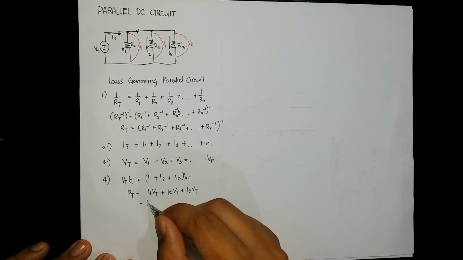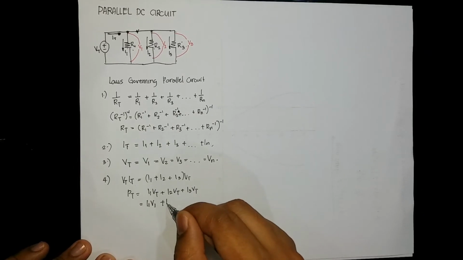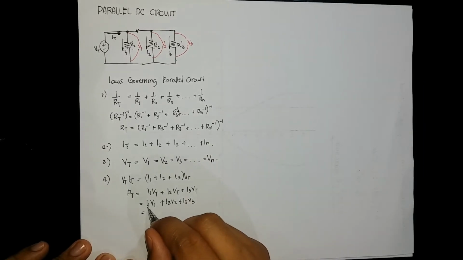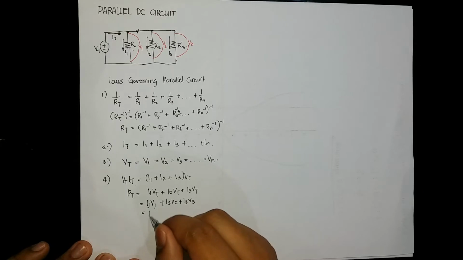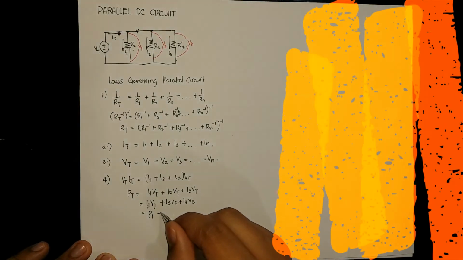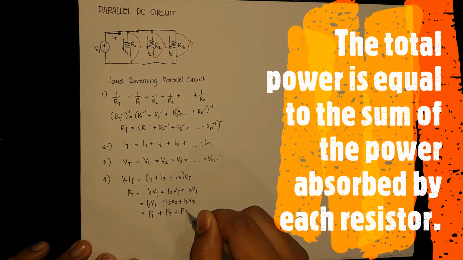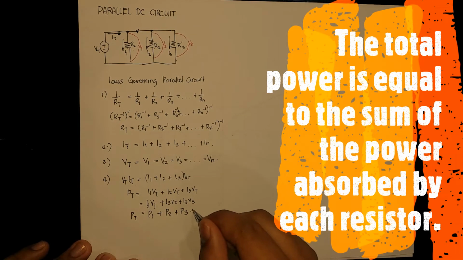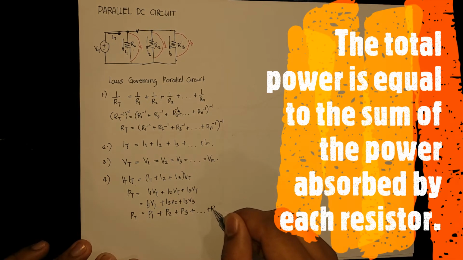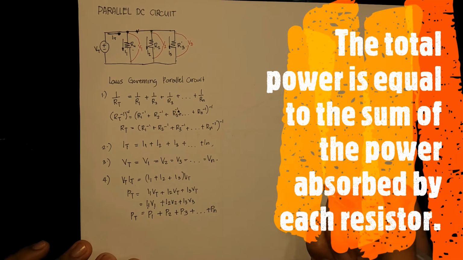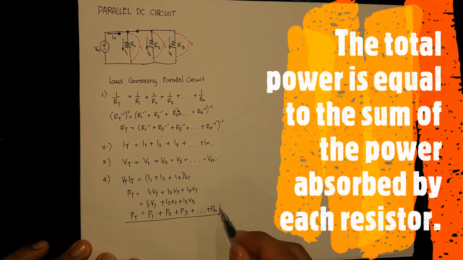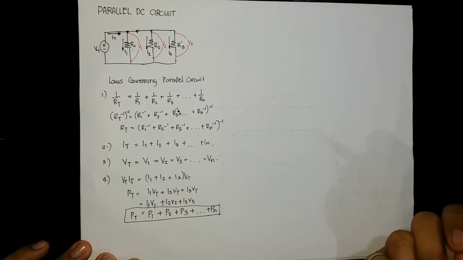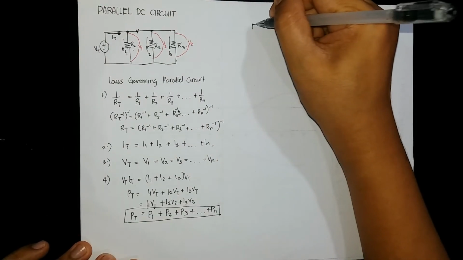Then this is V1 I1 plus I2 V2 plus I3 V3, and the current through resistor 1 multiplied by its voltage is power absorbed at resistor 1 plus power at resistor 2 plus power at resistor 3. When you add these 3, it gives you the total power. So again, if you have more than 3, you can add all the power. So to generalize, regardless if the resistors are connected in parallel or in series, you're just going to add the power.